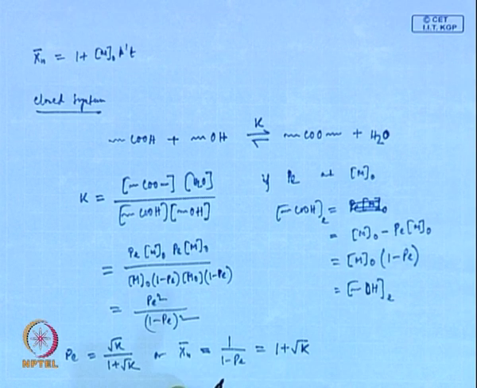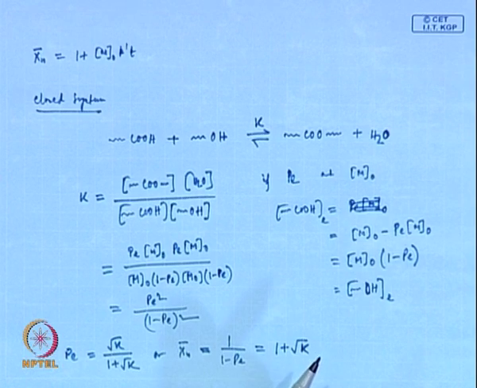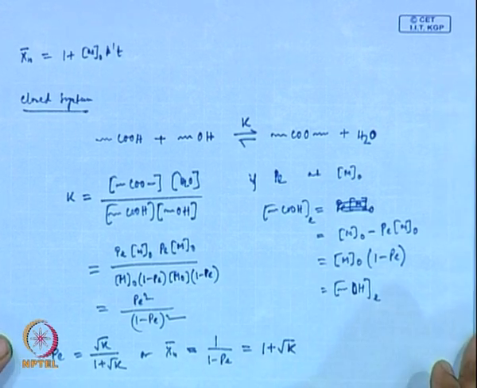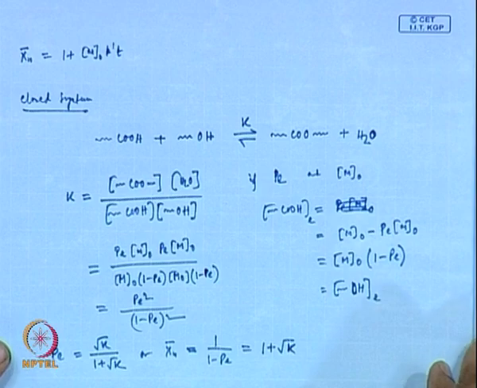Now, remember the difference between the earlier case and this case. In this case, we are carrying out the reaction in a closed system, which means none of the reactants or the products are taken out from the system, and the reaction is allowed to reach equilibrium.